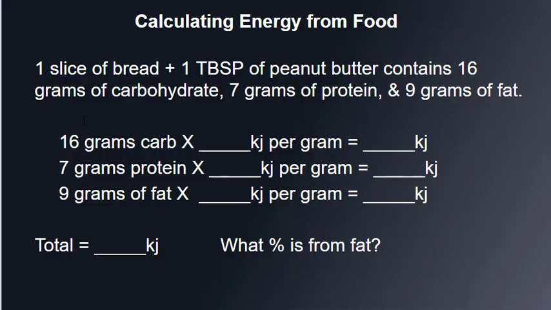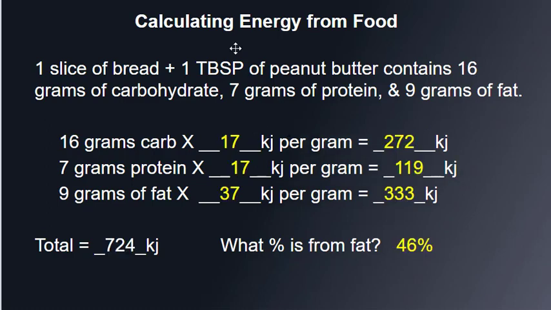If we know how much of a food is being consumed, we can work out how much energy is being provided by doing a simple calculation. In this example, we've got a slice of bread and some peanut butter. We know that this food has provided us with 16 grams of carbohydrate. The carbohydrate is giving us 17 kilojoules, so 16 times 17 gives us 272.